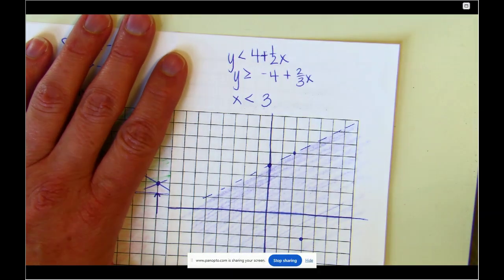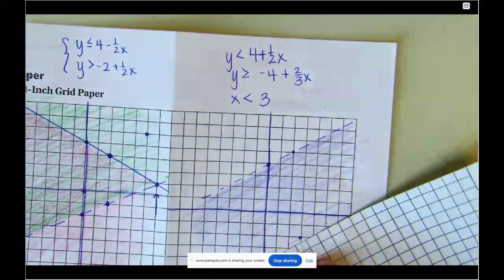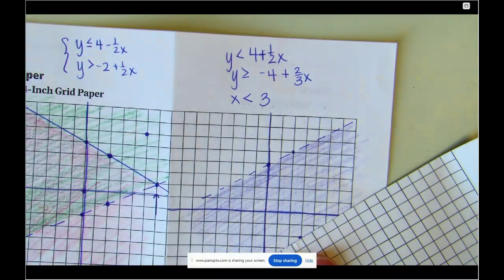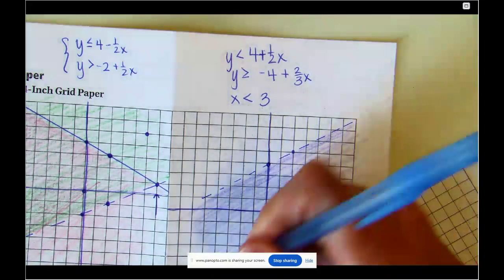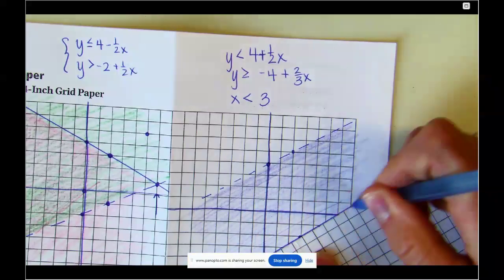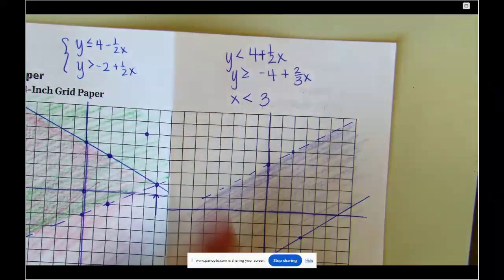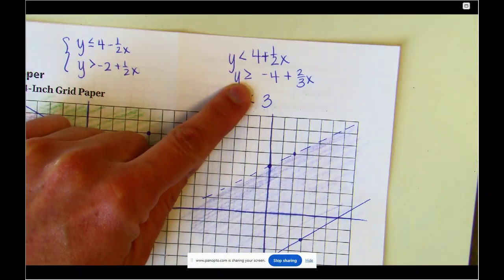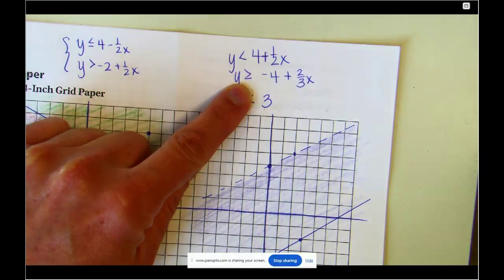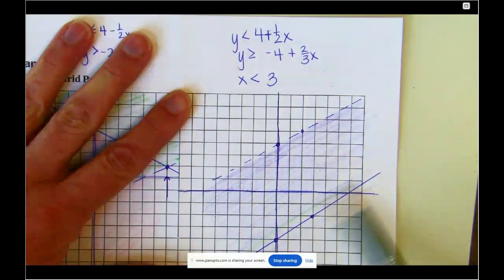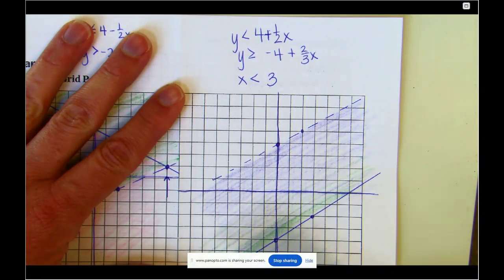Solid. Good. Abby, are we shading above or below? Good. Okay, shading above the line.